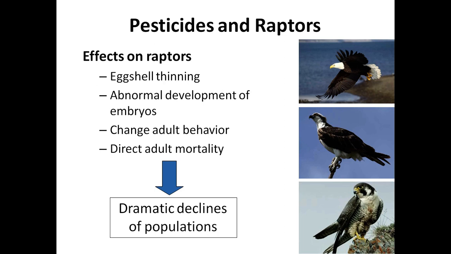Although they hatched, they did not develop, or they did not reach adulthood. In some cases, these pesticides interfered with neurotransmitters and changed adult behavior, risking their lives. And in some cases, high concentrations cause direct mortality. As a result, many raptors in the United States experienced a dramatic decline in the 1960s.